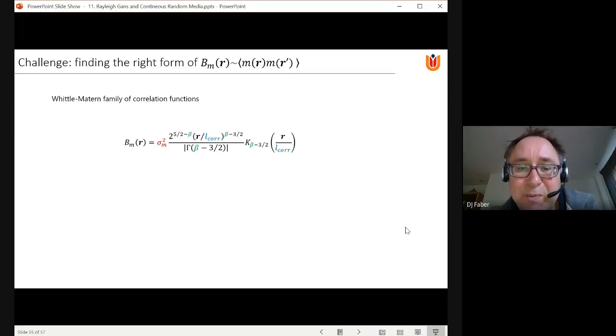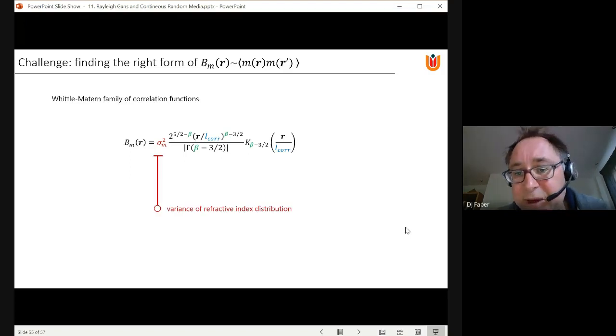There are 3 parameters that describe this correlation function. One is the variance of the refractive index distribution. If you remember, in the first slide of this topic, we assumed that we could characterize this distribution with its mean and its variance. Now the variance is here.